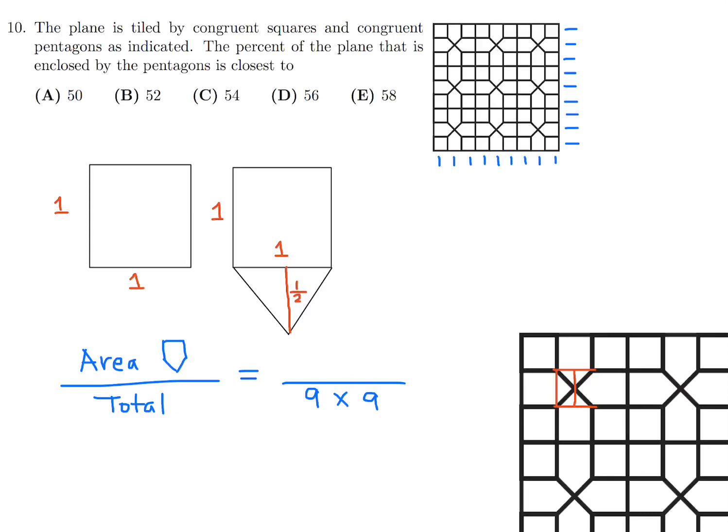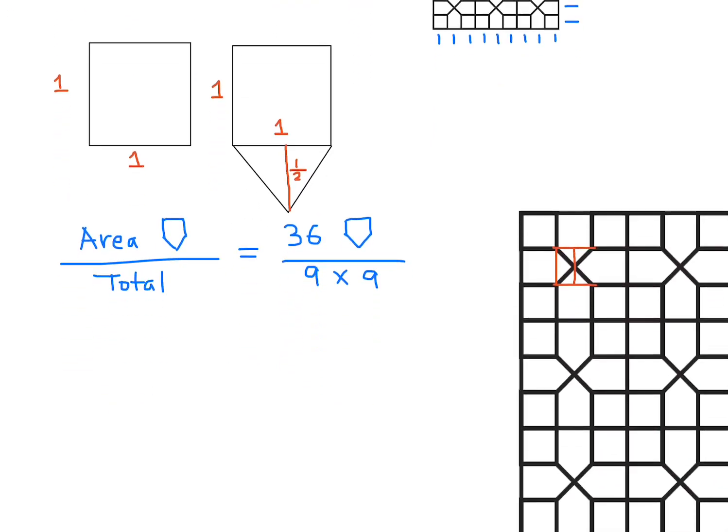Anyhow, now let's figure out the area of all the pentagons. Well, how many pentagons are there? I count them all. And there's 36 of them. So 36 pentagons. Not exactly the greatest way of writing this equation, but that's okay. You understand. So 36 times the area of the pentagon. Well, what is the area of the pentagon? Look at this one.